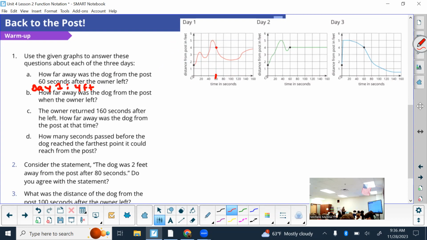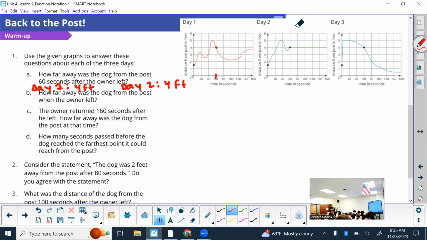Table 2, for day 2, how far away was the dog from the post 60 seconds after the owner left? Four feet.